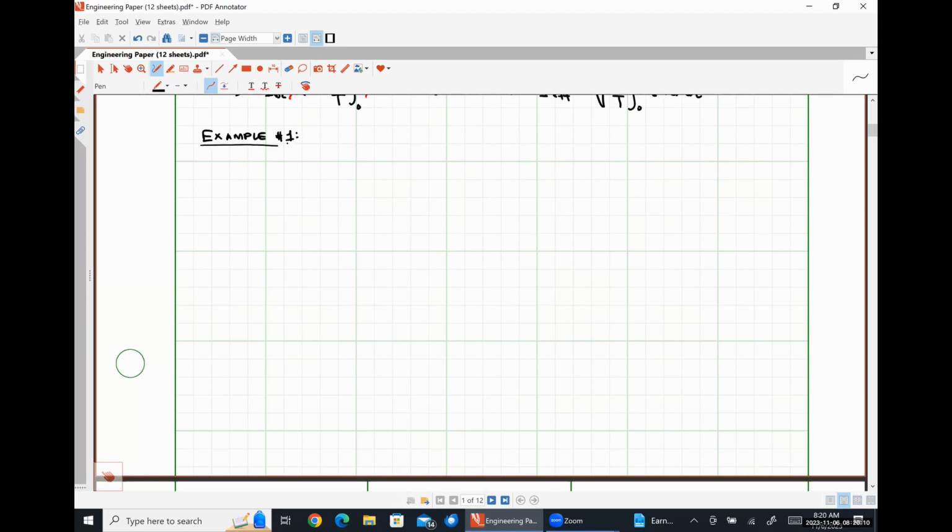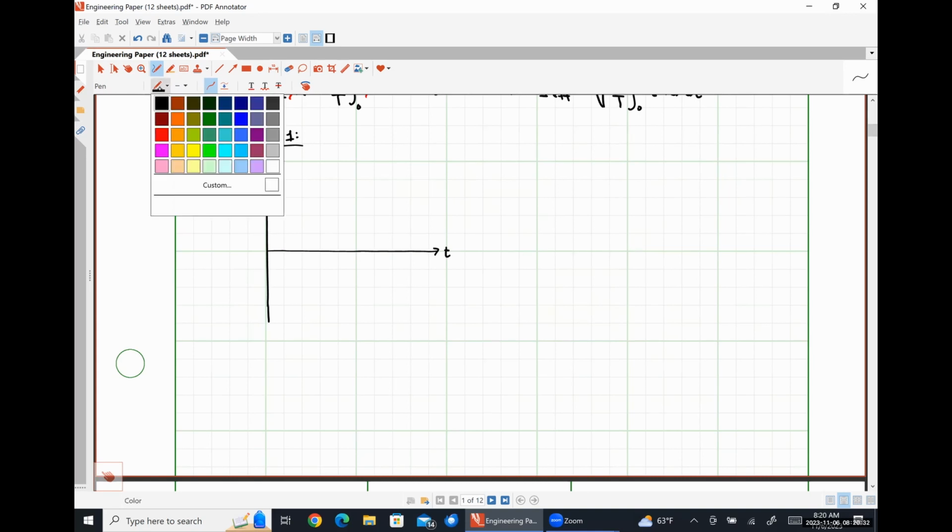So let's say that I have the following voltage waveform. So this is going to be V of t. Here's time measured in t.